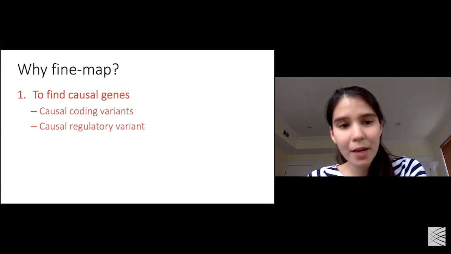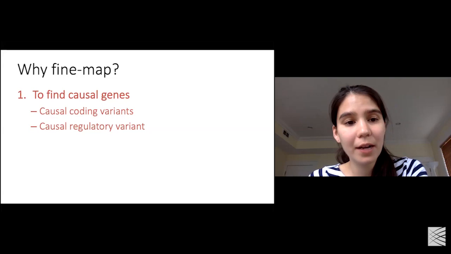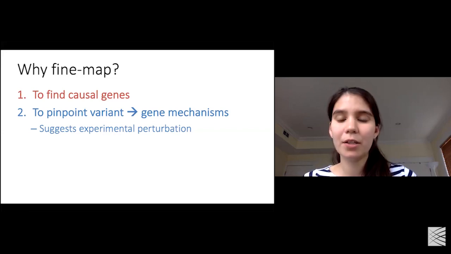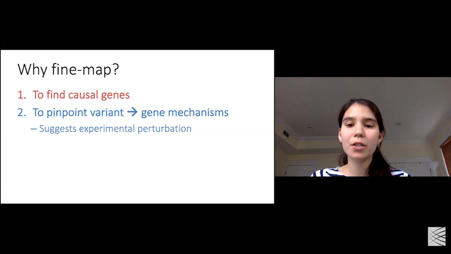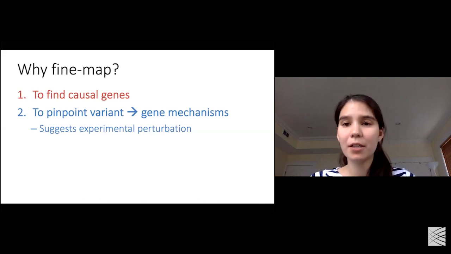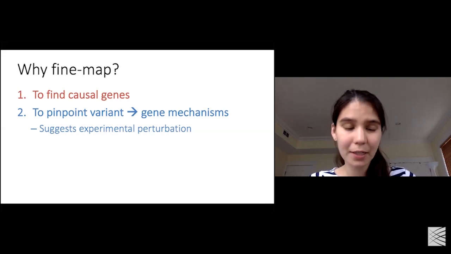So fine mapping can often help us with this goal of finding causal genes. Another reason might be, even once we've got the name of the gene, we want the variant-to-gene mechanism. That, for example, might enable us to do an experiment that more realistically recapitulates the disease-relevant biology than knocking out the gene altogether.